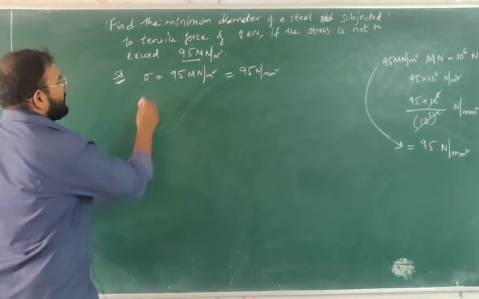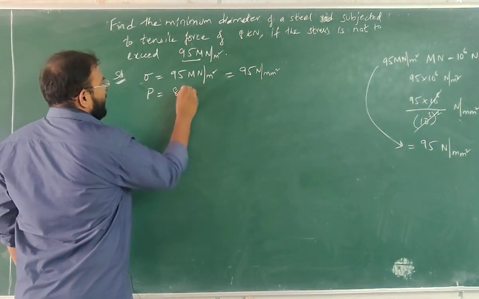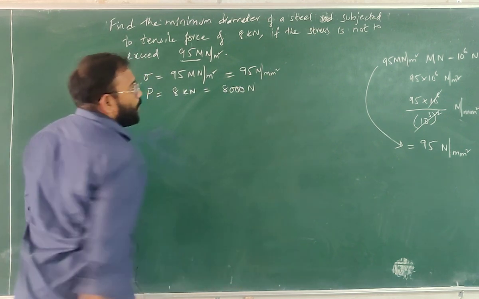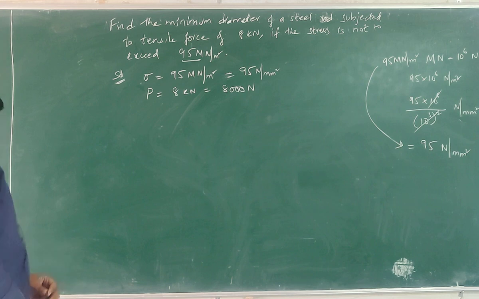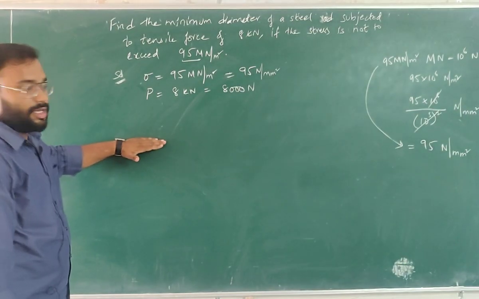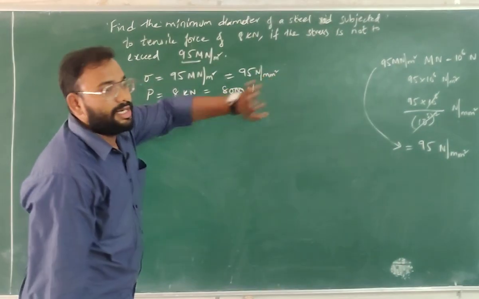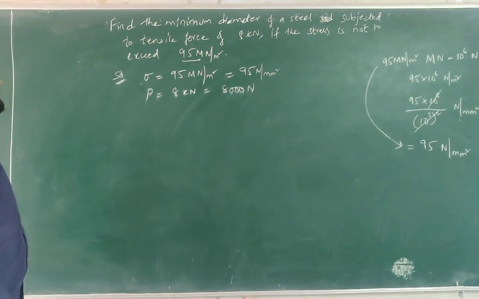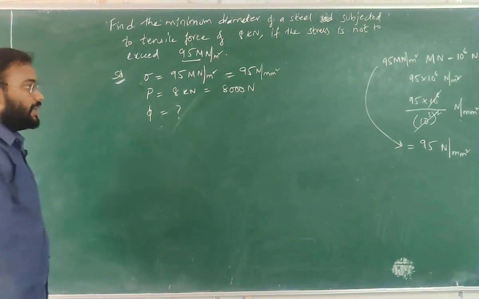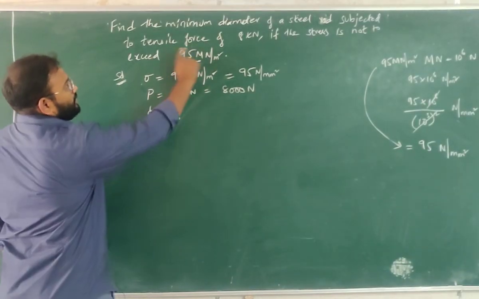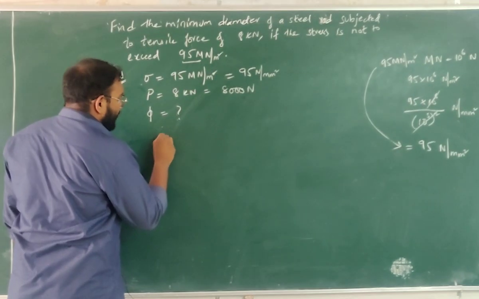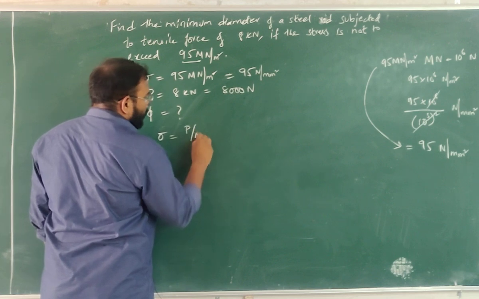Next, you are given a tensile force P as 8 kilonewton, so this will be 8000 Newton. In the first step, try to convert all the units into SI forms. Make it Newton and millimeter. Next, what is to be determined? You want the diameter. It is a steel circular rod, so stress is equal to load by area.